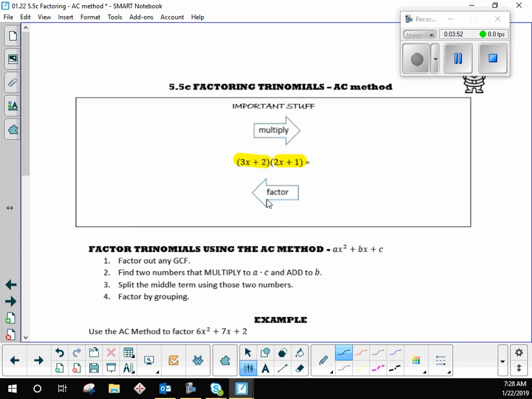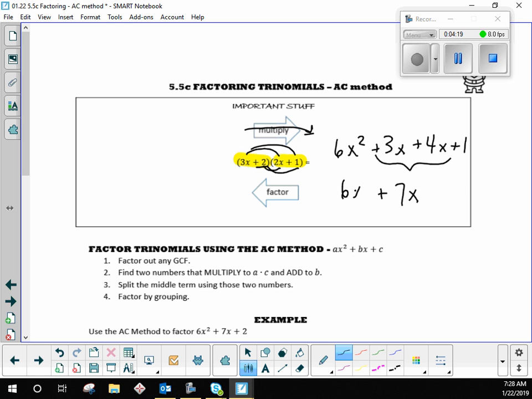If I'm multiplying them, I distribute the 3x, that gives me 6x squared plus 3x, and then I distribute the positive 2, that's 4x plus 1. There's something that I want you to notice here. These terms can be combined. These are like terms. And so my final answer is 6x squared plus 7x plus 1.